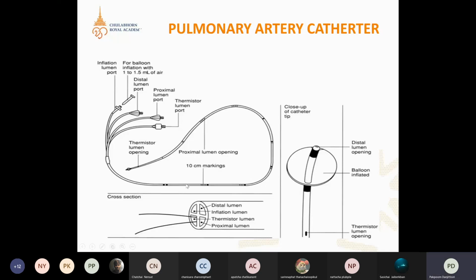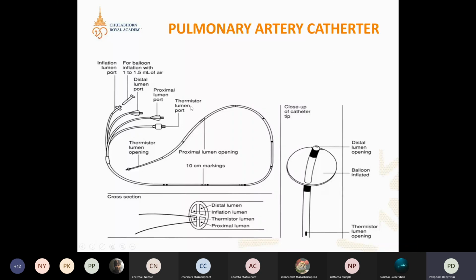And the last one, I want you to know more about this one. The proximal lumen opening is over here. So from the four ports over here, you will see the thermistor lumen port, proximal lumen port, distal lumen port, and this one is the inflation lumen port of the balloon, right?